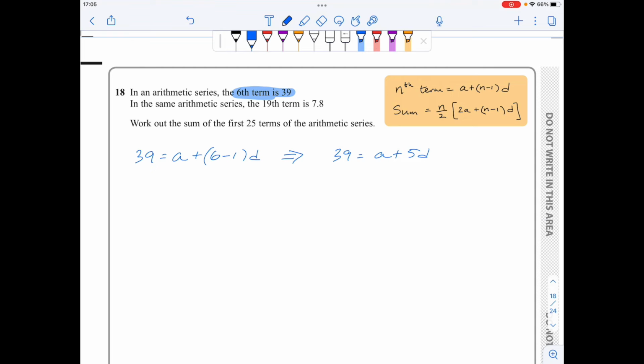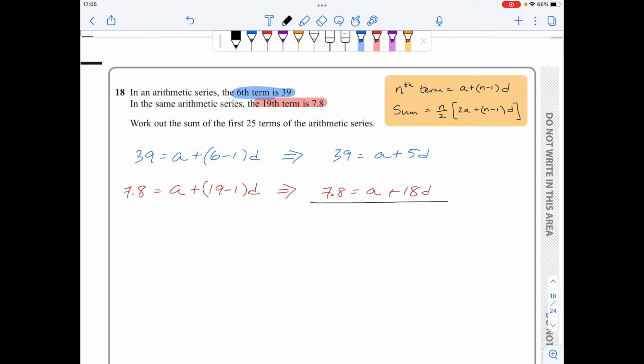And I am also given that the 19th term is equal to 7.8, hence 7.8 is equal to a plus 19 minus 1 d. So 7.8 is equal to a plus 18d.